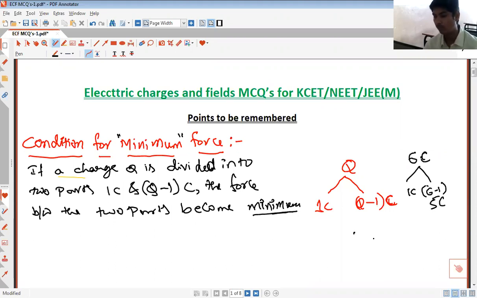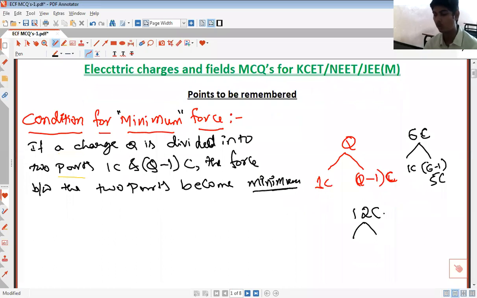Suppose I have a charge of 12 coulomb. Can you tell me how this charge is to be divided into two parts so as to get minimum force between them? How do you divide this?